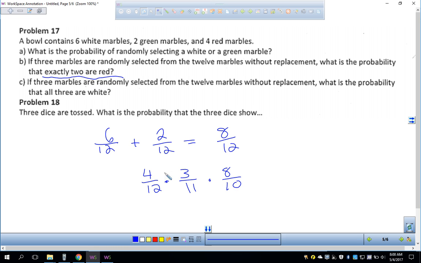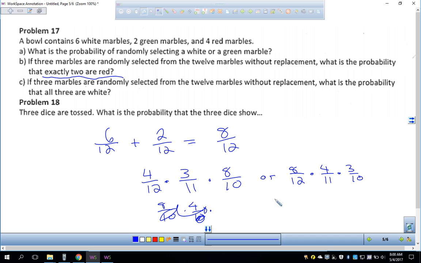However, this is where it gets tricky. This is if I go red, then red, then another color. But I could also go another color first, 8 out of 12, then I have to get a red one, so 4 out of 11, then 3 out of 10.